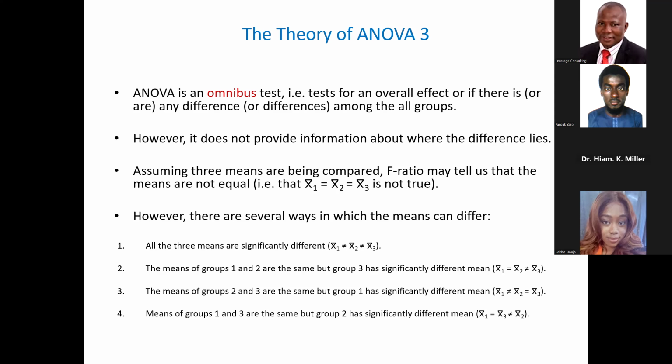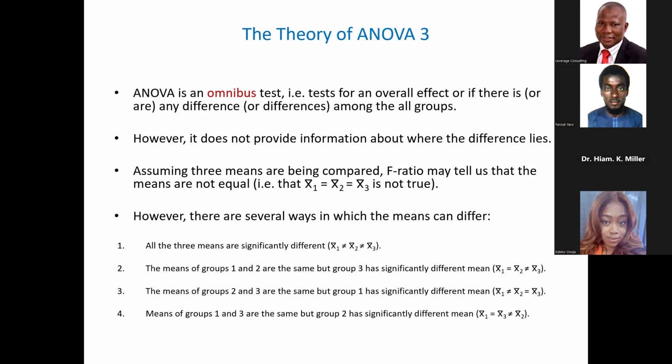It's more than 2 groups, either 3 or 4 or 5. But it will not tell you where the difference lies. It tests the overall difference, which can be found anywhere. However, it does not provide information about where the difference lies.